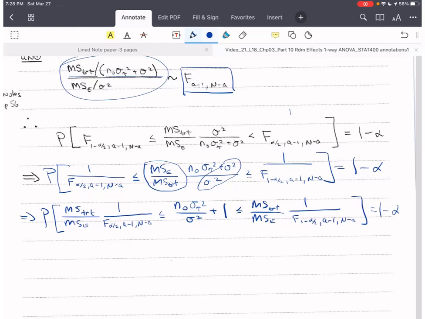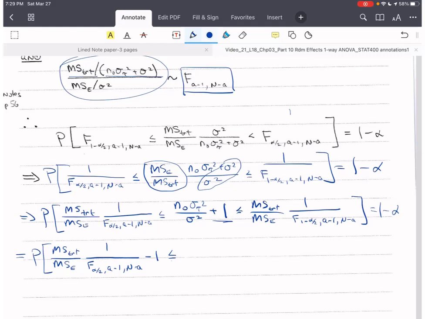And now I'm going to subtract 1 from all three sides, so I get rid of this. So this is equal to the probability that MSTRT over MSE times 1 over f of alpha over 2, a minus 1, n minus a, and then minus 1.